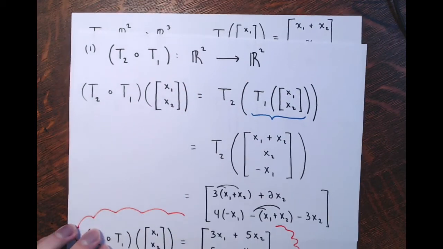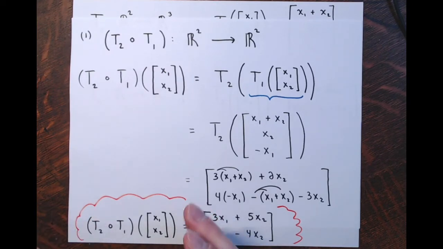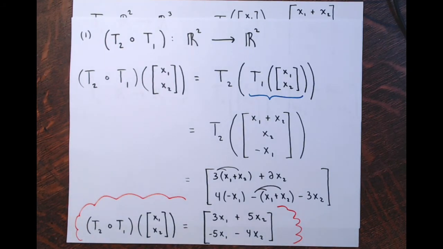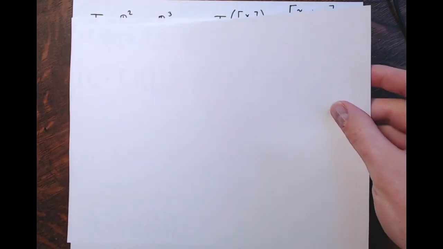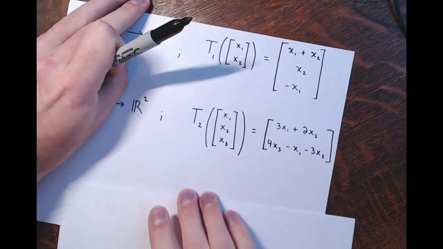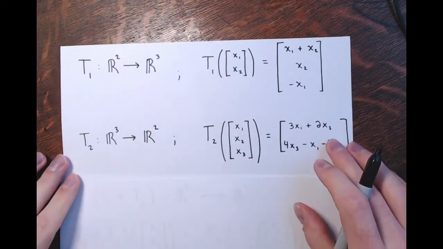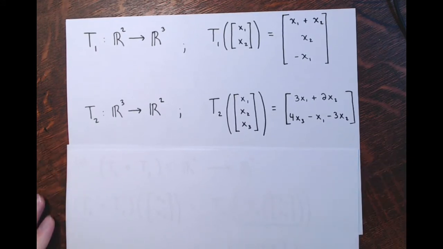All right, now let's see what happens when we go in the other direction. Compose in the other order. So again, here were the transformations given, T1 and T2.